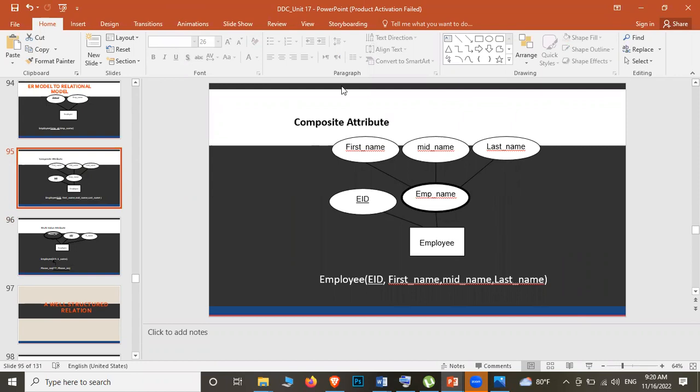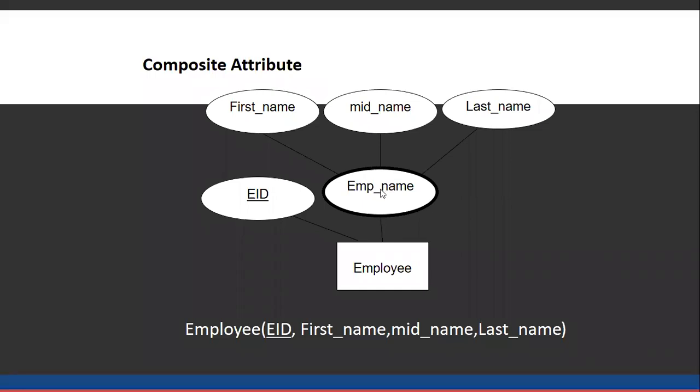A composite attribute is, from one particular attribute, if we can divide it further into sub attributes, that is known as a composite attribute. නේද? එතකොට අපි EID කියන එක, we know that is the primary key. Then in the relational schema also we mention it by underlining it; the primary key has to be underlined, then only it will be mentioned as the primary key. එතකොට අනිත් හැම එකක්ම නිකන් අපි add කරලා තියෙනවා.